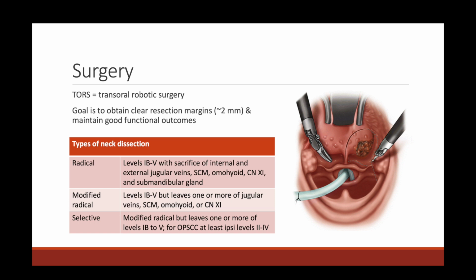So for oropharyngeal squamous cell cancers, we at least need to dissect levels 2 through 4 ipsilaterally. If the tumor is invading or involving a midline structure, such as the base of tongue or the soft palate, then we need to go after bilateral levels 2 through 4. And of course, if we can see on a scan that a particular level is involved, say 1B, then we go after 1B as well. So a selective neck dissection is typically what I have seen used most commonly.